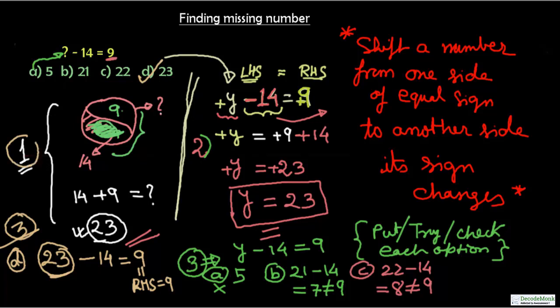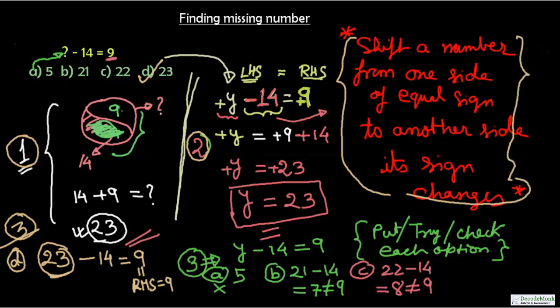So the first option is to draw it pictorially and infer or think how you can solve it. The second is by simply putting in an alphabet in place of the question mark and solving, keeping in mind this particular fundamental, that shifting a number from one side of the equation to another changes its sign.